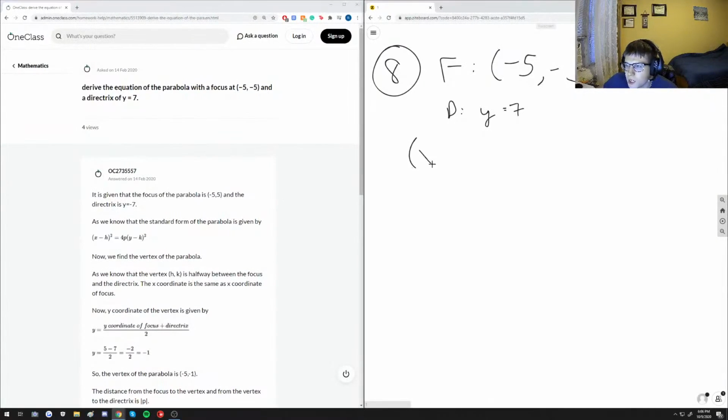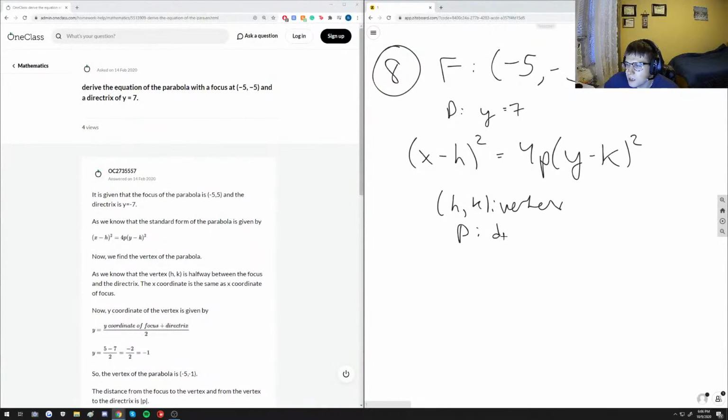So of course, the standard form of a parabola when we're dealing with a directrix and a focus is the following. Our h and our k is our vertex, and our p is the distance from the vertex to the directrix.